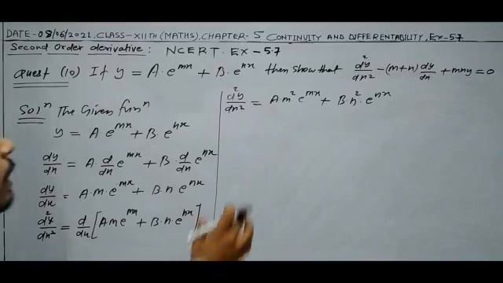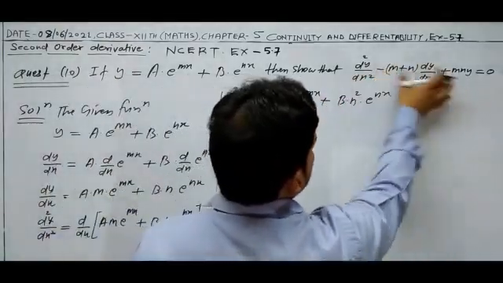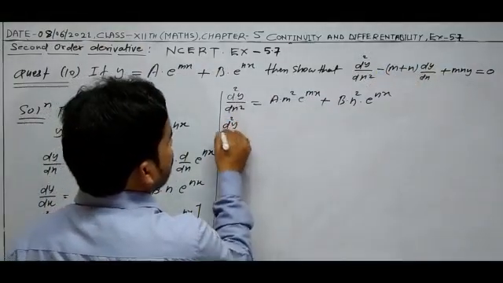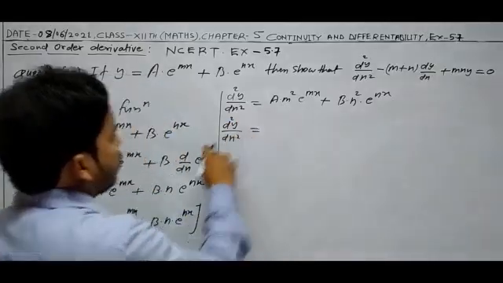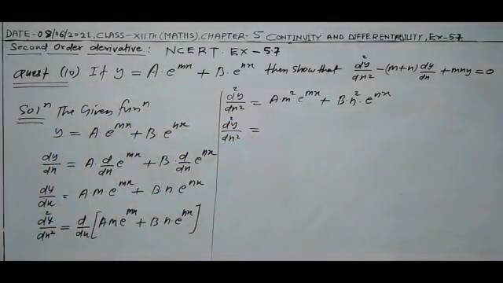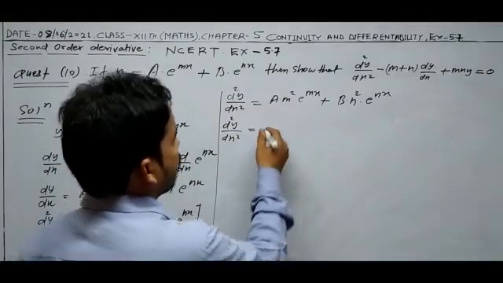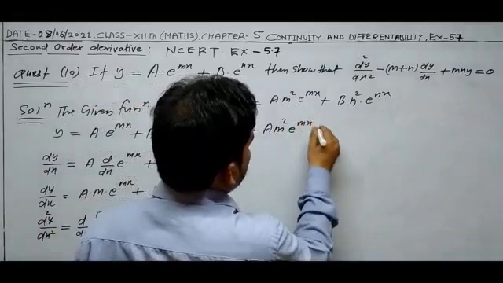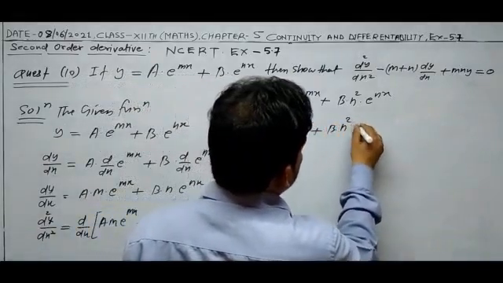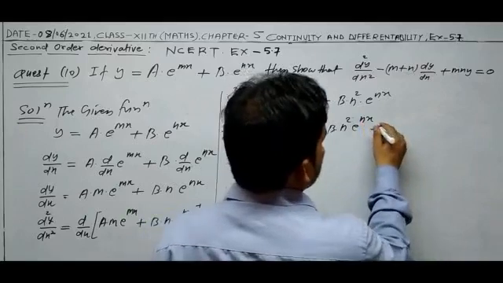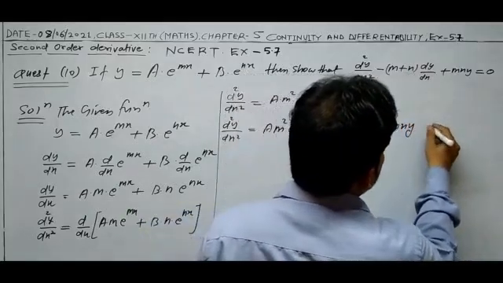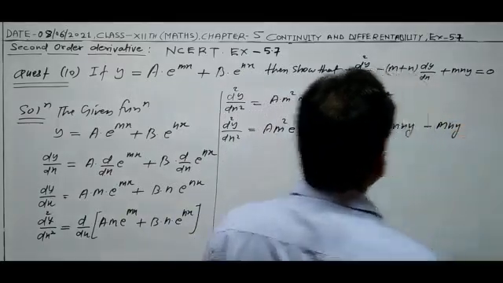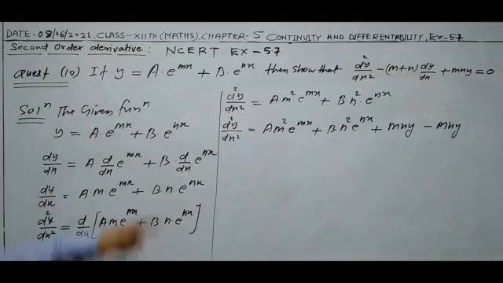So how will you prove it? Consider d2y by dx2 is equal to, suppose, a times m square e to the power mx plus b times n square e to the power nx plus mny minus mny; we have to operate in this equation.